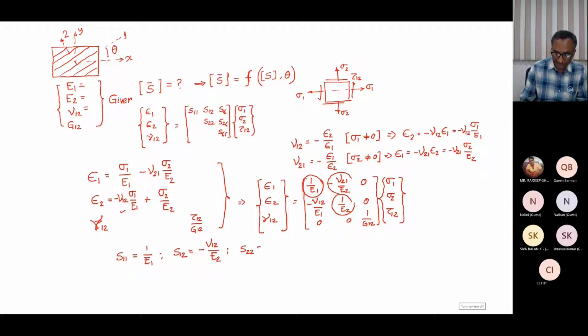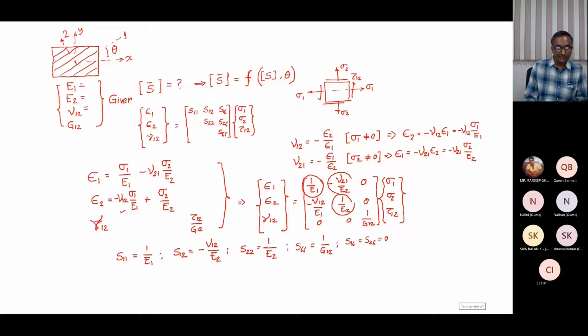S22 is equal to 1 by E2, and S66 is equal to 1 by G12. All others are 0, such as S16. So that is what it is.